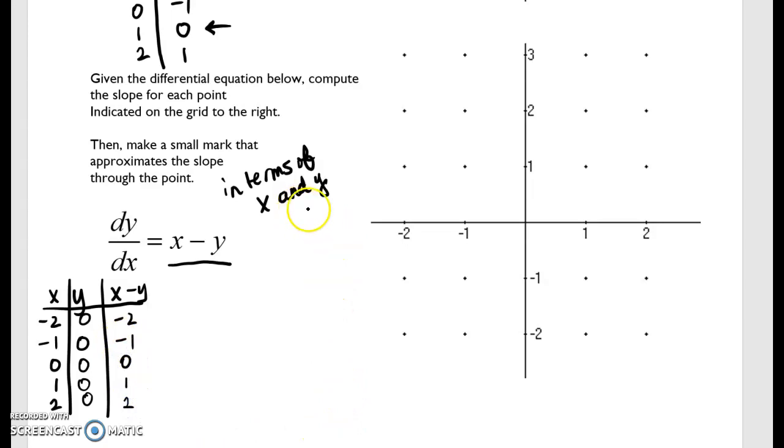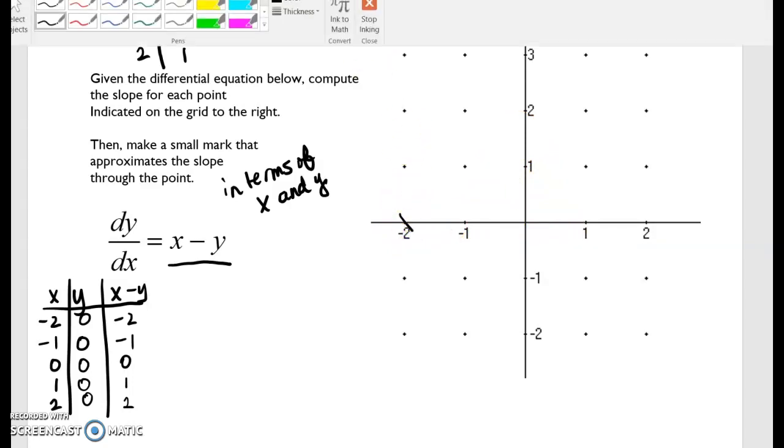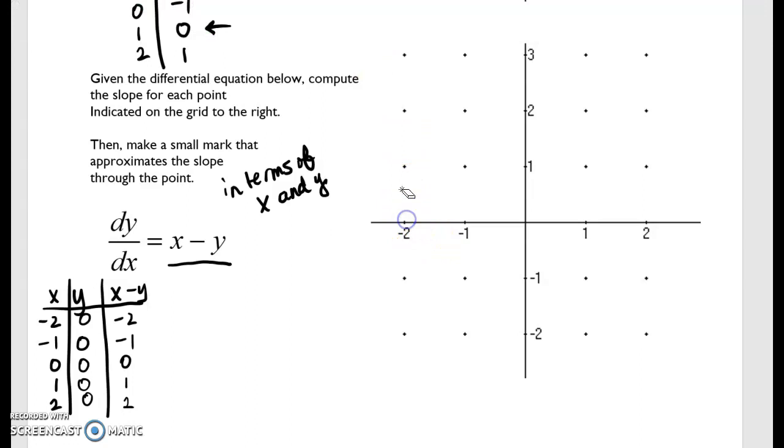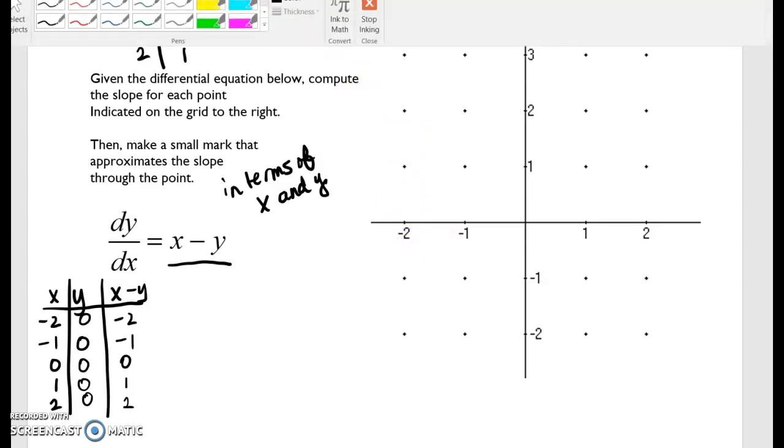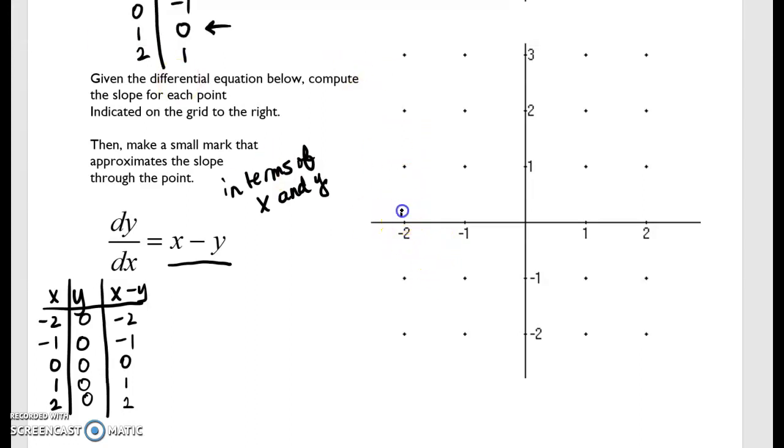So that means I'm going to draw some slopes over here. So at -2, 0, my slope is -2, maybe a little steeper than that. At -1, my slope is -1, slope of 0, slope of 1, slope of 2. And I can do the same thing for a y-coordinate of 1.